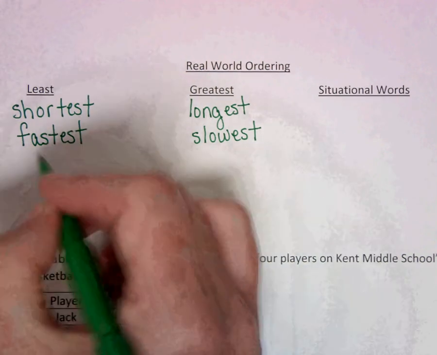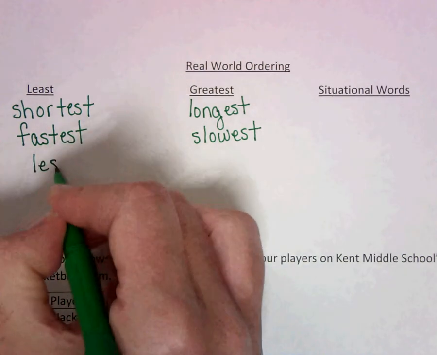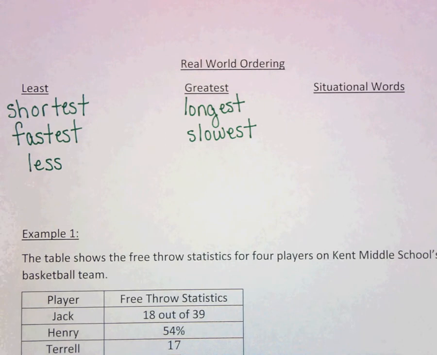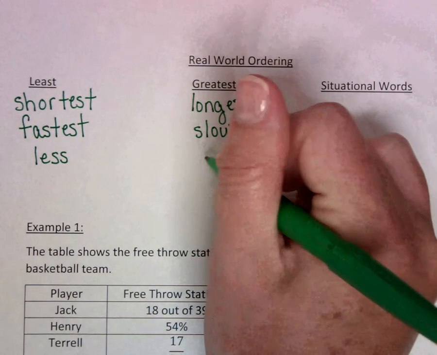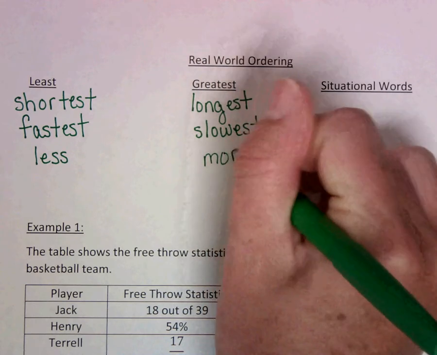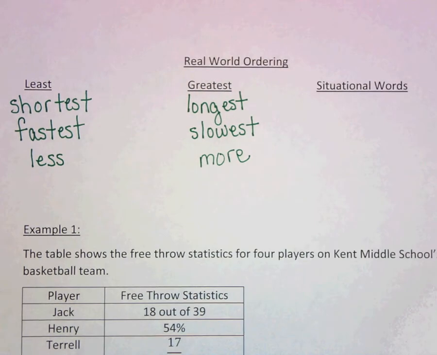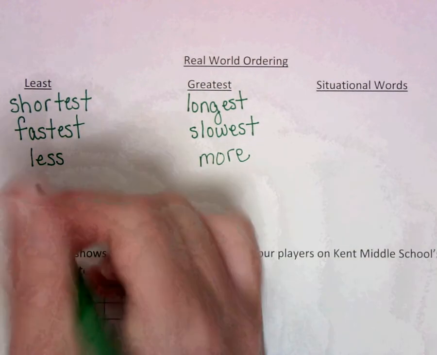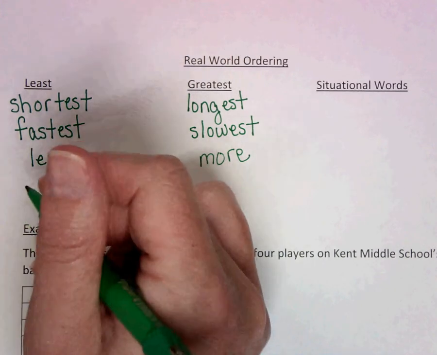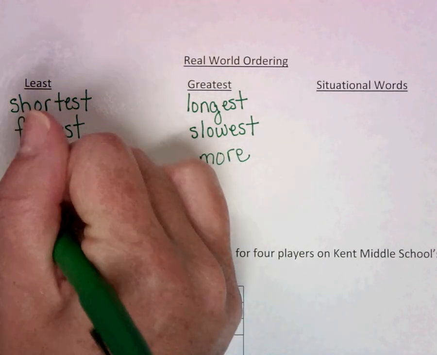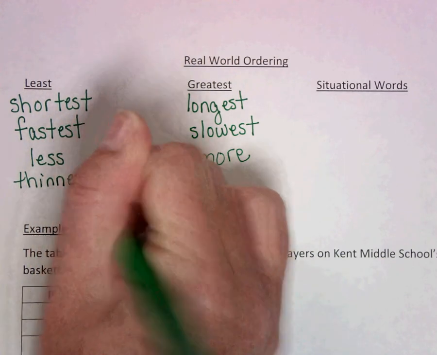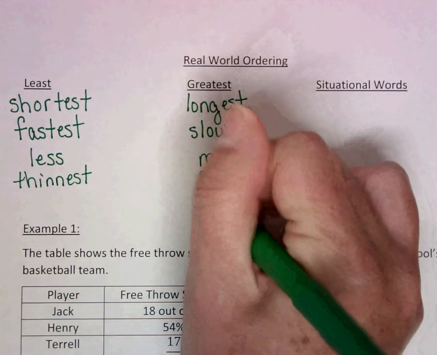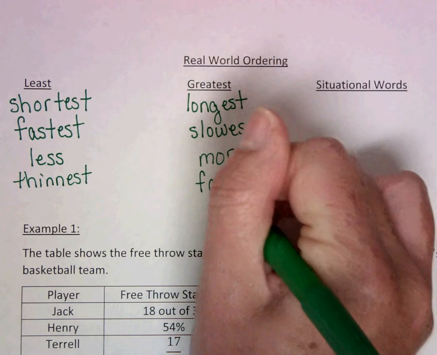Okay, obviously another word is less. If I say which one is less or who completed less, that would be least. And more would be greatest. Some other words I was thinking about, if we're weighing something or describing something: thinnest, the most thin, or fattest, the most fat.